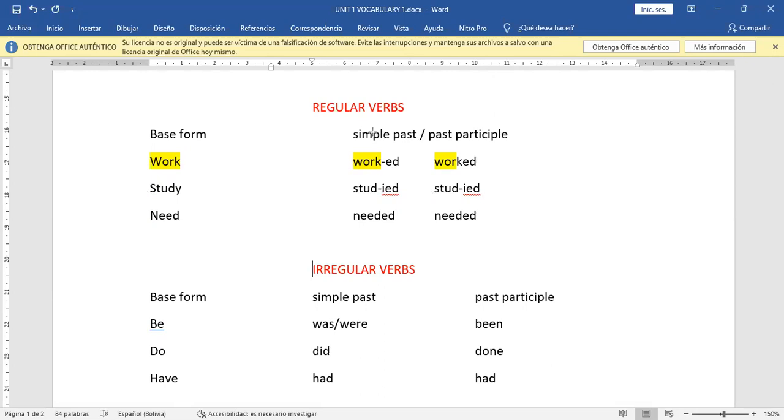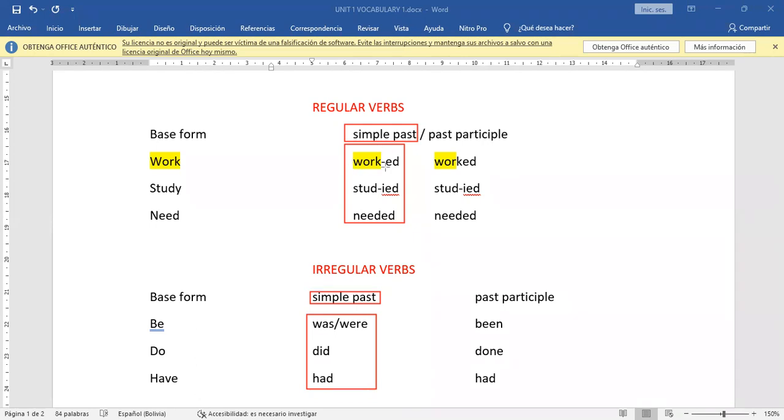When we are going to talk about the simple past, we are going to use this column.